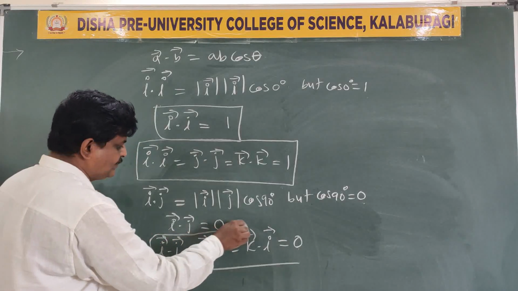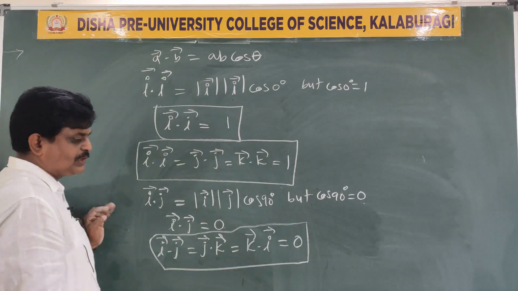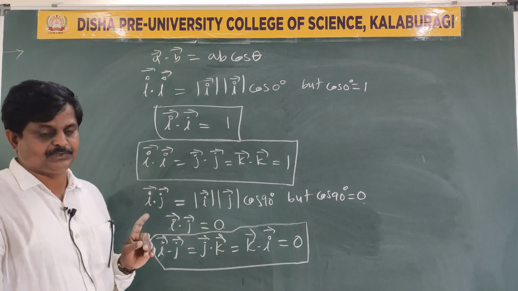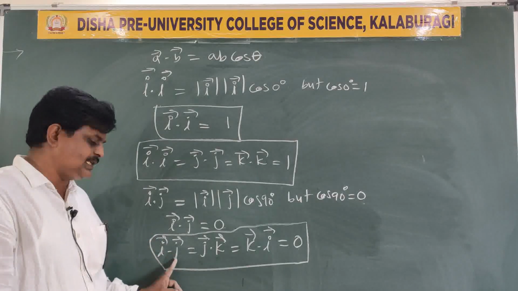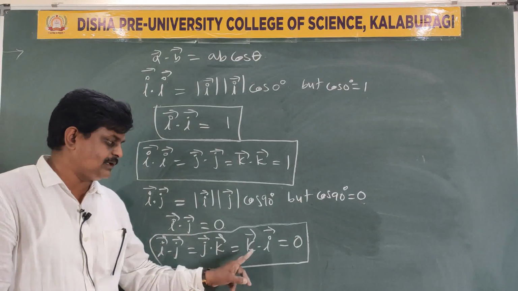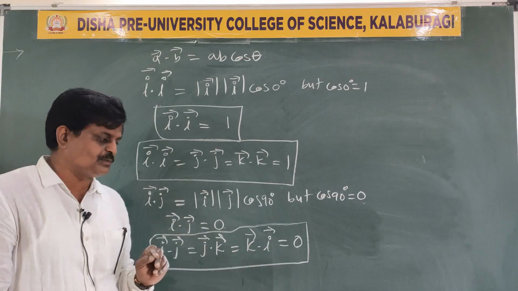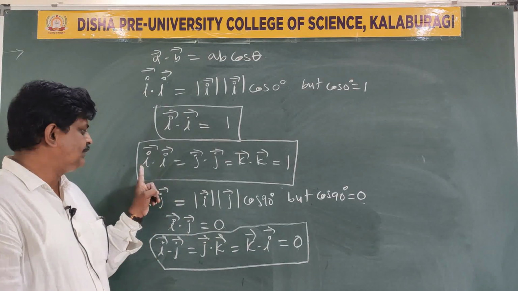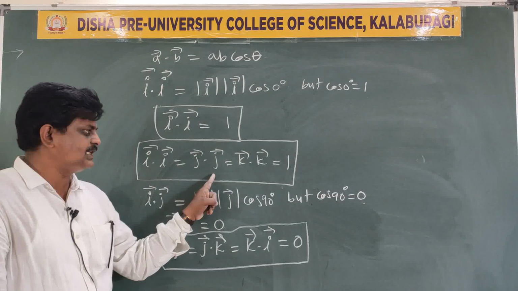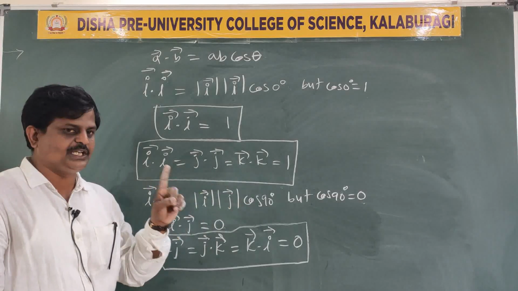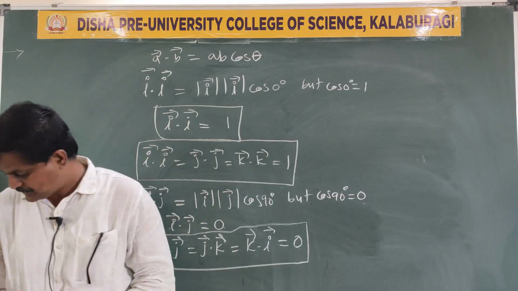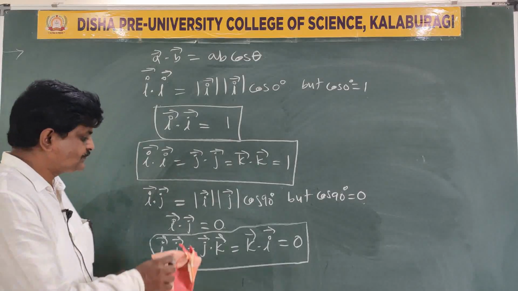Remember, this will help you in finding the product of the given vectors. When you operate I dot j, j dot k, k dot I, it amounts to 0. Similarly, when you operate I dot I, j dot j, k dot k, it amounts to 1. Remember this.